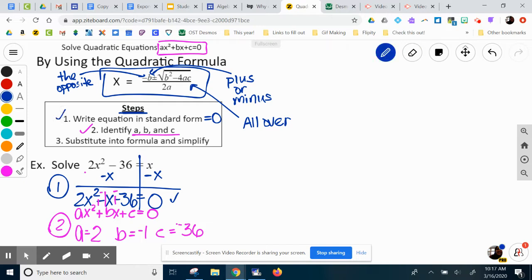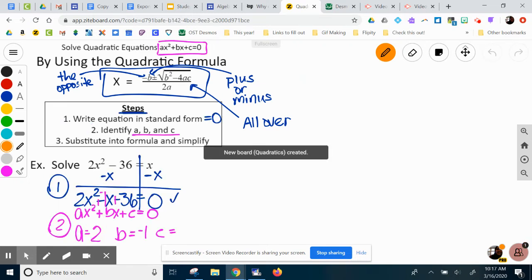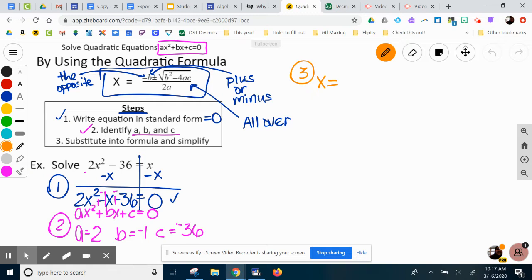All right, so now we're ready to substitute into the formula and simplify. So this is the meat of the problem. We're going to plug these numbers into the formula. So step 3, our formula is x equals, and when I do the quadratic formula, I like to put all of the variables inside parentheses.